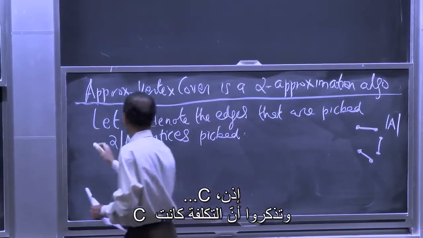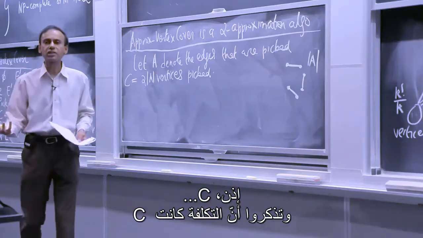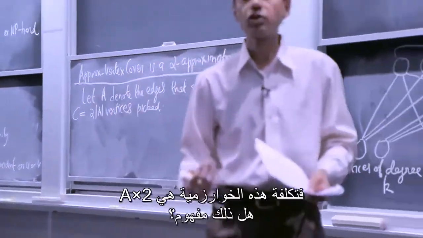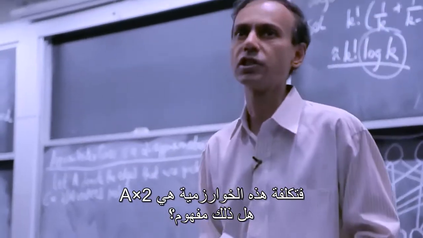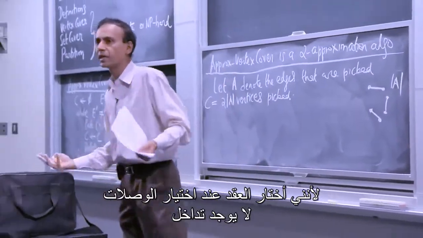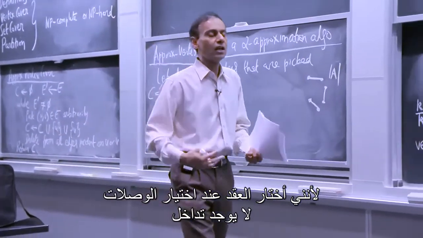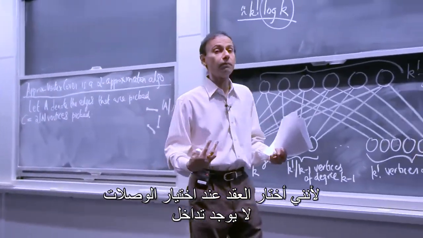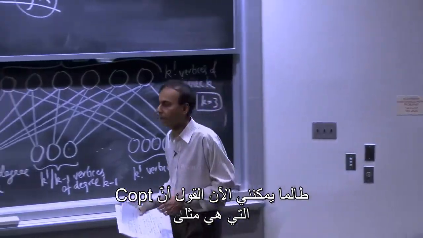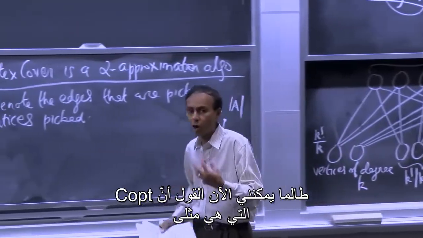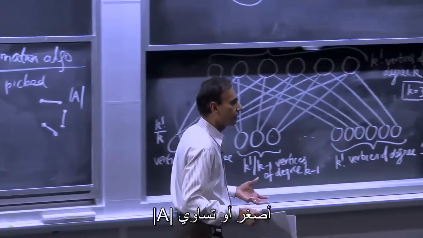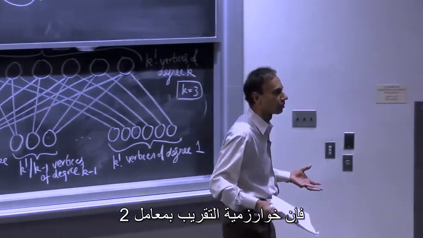So my C, remember my cost was C, and I had C opt that corresponds to the optimum cost, and so the cost that this algorithm produces is 2 times A, right? Make sense? Because we are picking edges, there's no overlap, and therefore the cost is 2 times A, right? So as long as I can now say that C opt, which is the optimum, is greater than or equal to A, I have my factor 2 approximation algorithm, right?